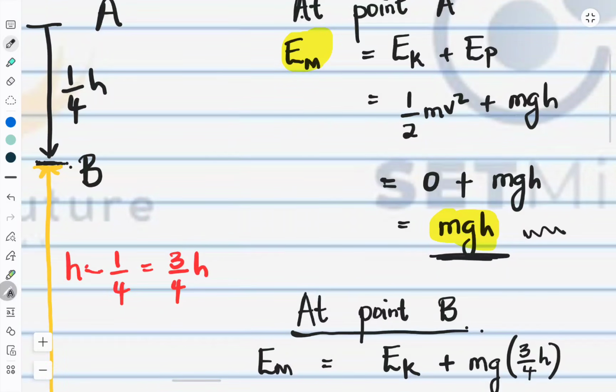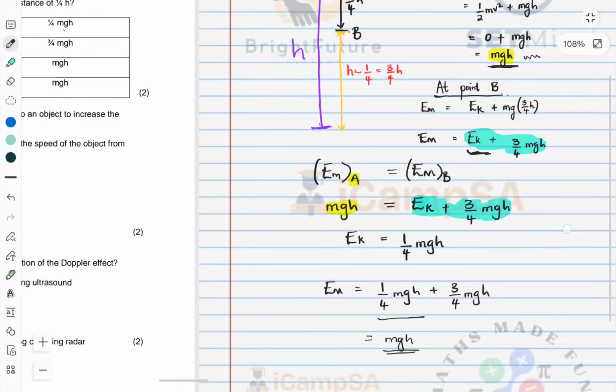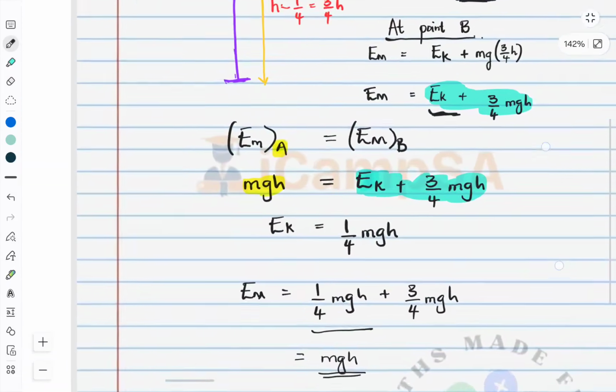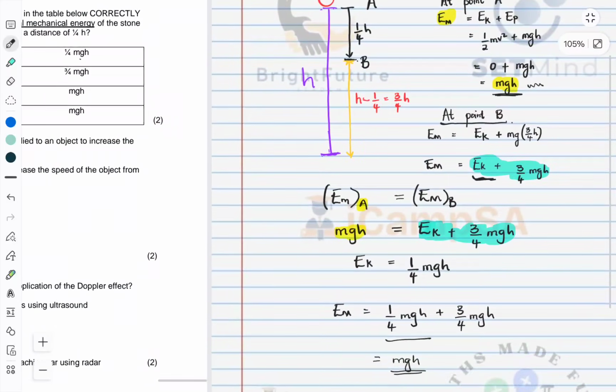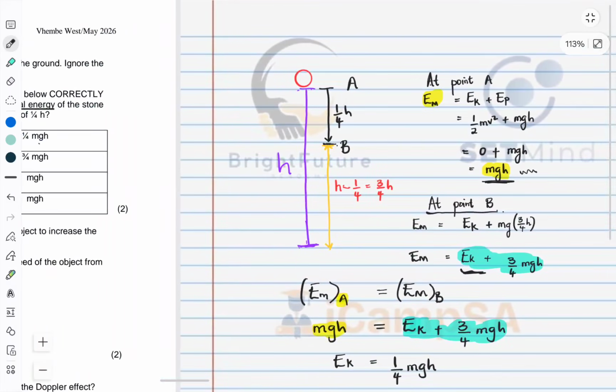I did it so I can show you how you would get there where values are involved, but you don't always have to. If it's an isolated system, the mechanical energy at one point should be equal to any other point after that. So at point B, C, and D you'll have the same mechanical energy. What will differ is the kinetic energy and the potential energy that make up that whole mechanical energy.